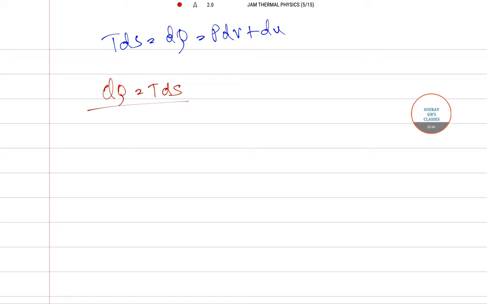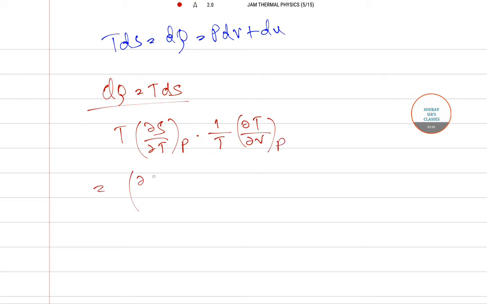So from this we can write T of del S del T at constant P into 1 by T del T del V at constant P. This equals TdS, which means dQ. So del Q divided by del T at constant P into 1 by T del T del V at constant P.